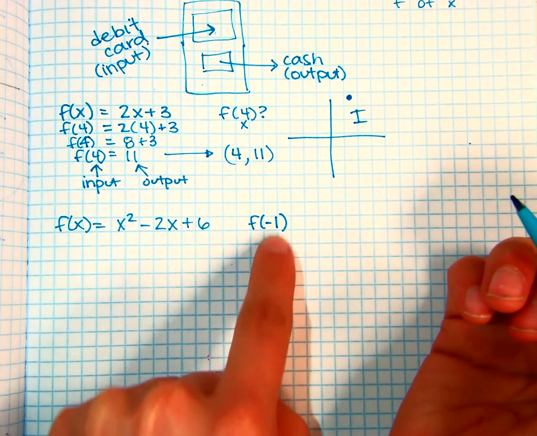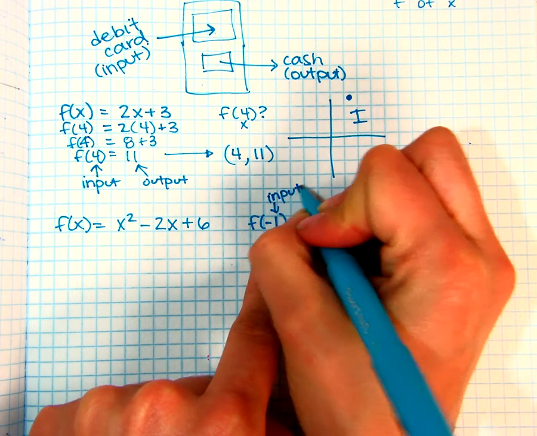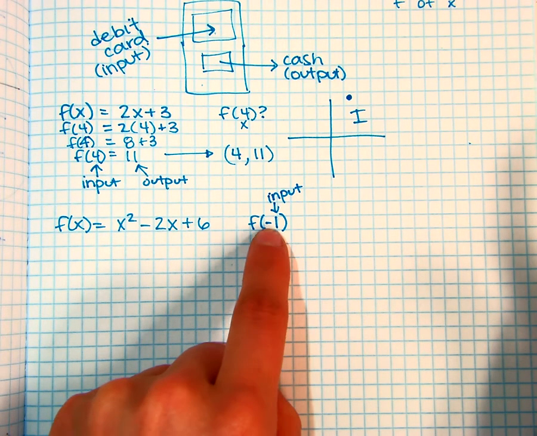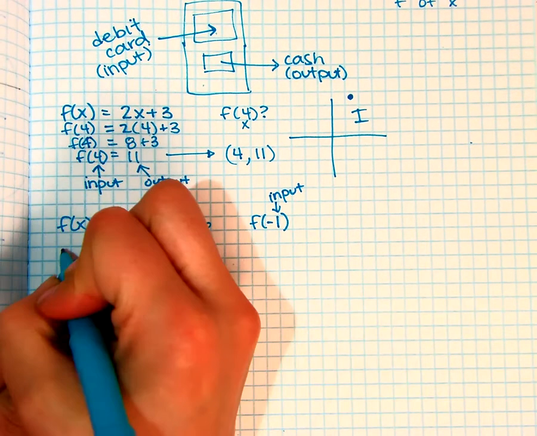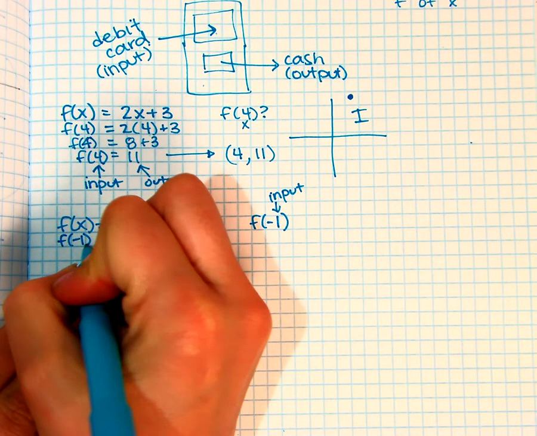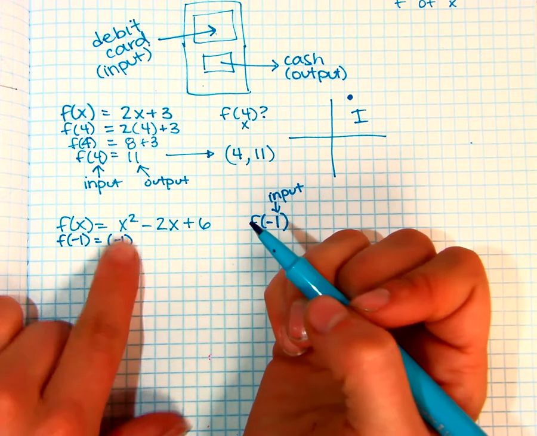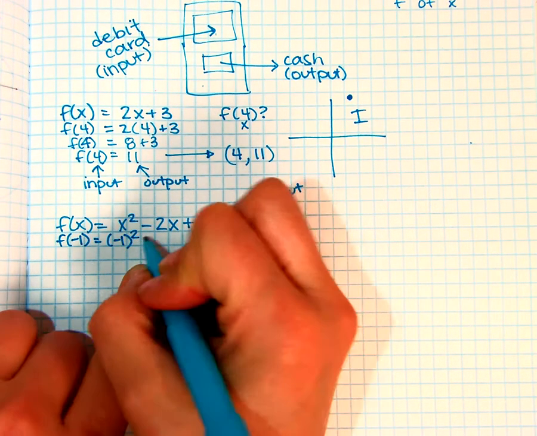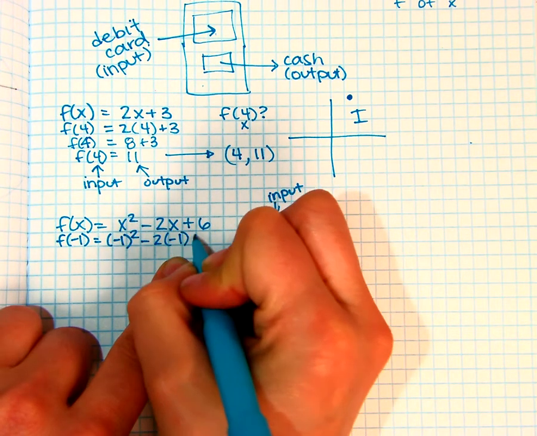My input is negative. It's even more important to have parentheses around that because we need to include that negative wherever the x is. So if I do f of negative 1, I'm going to put negative 1 by itself instead of x, and then I'm going to put the 2 for the exponent on the outside. Minus 2 parentheses times negative 1 plus 6.